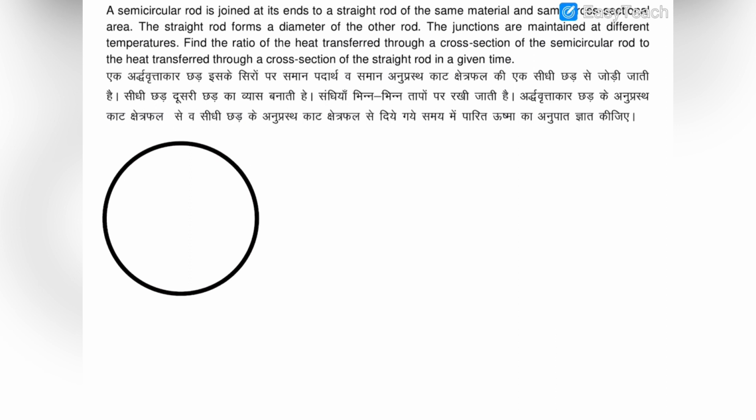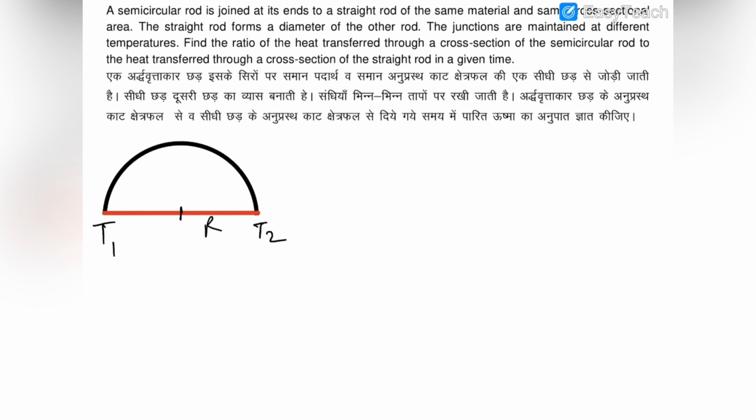So let us suppose that there is a semicircular rod, this one, and it is joined with another rod of the same area, in fact in parallel, like that, because it is given that this straight rod is forming its diameter. Okay, these junctions are maintained at constant temperature, and it may be possible that this is at higher and this is at lower temperature, and let's suppose the radius is r.